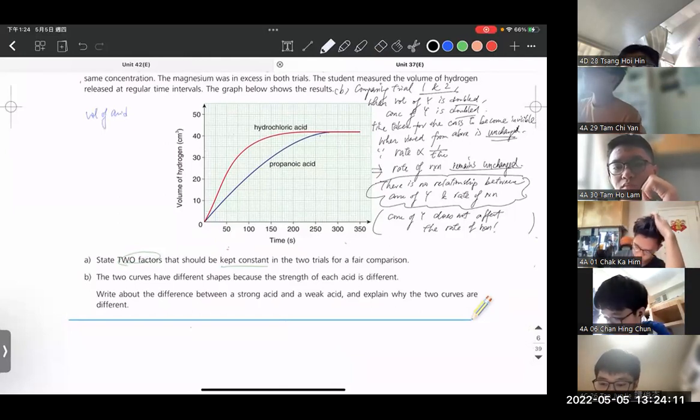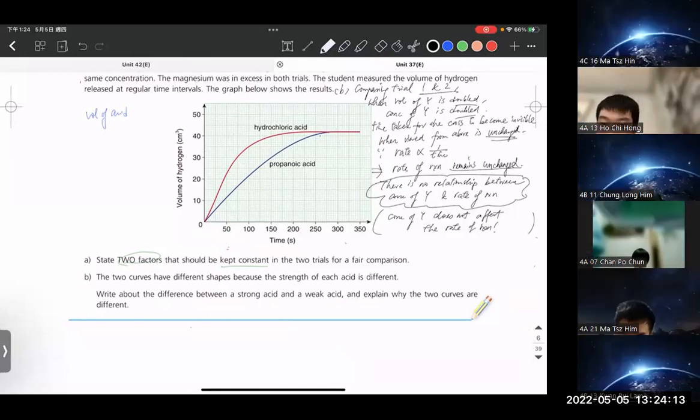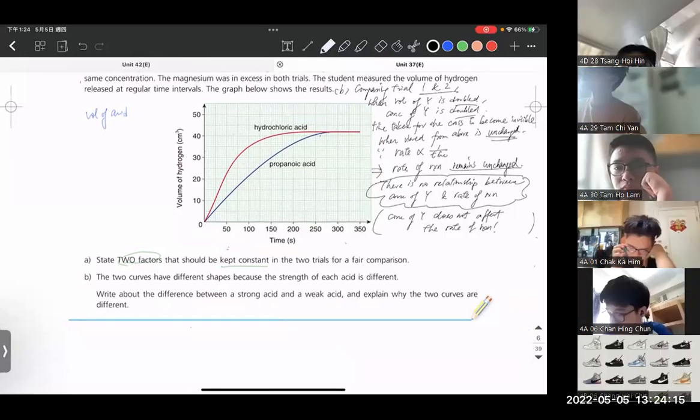Just free fall. 其他人呢？Free fall。話俾我聽。係梁柏強，一個。Concentration of acid.